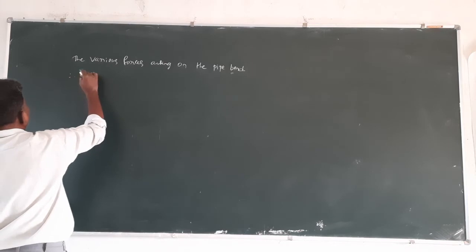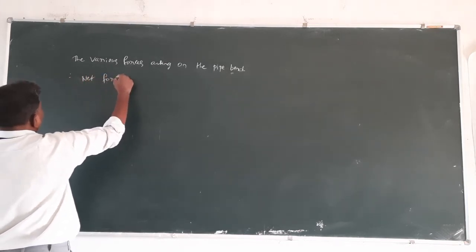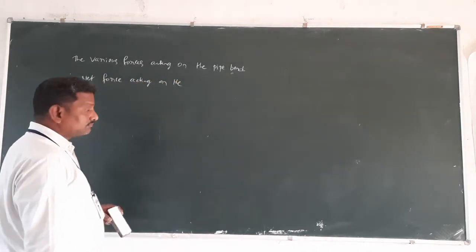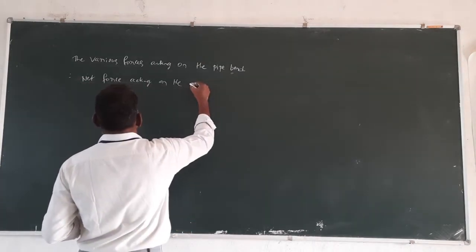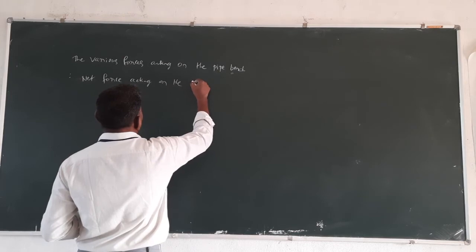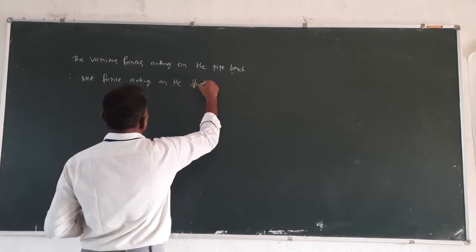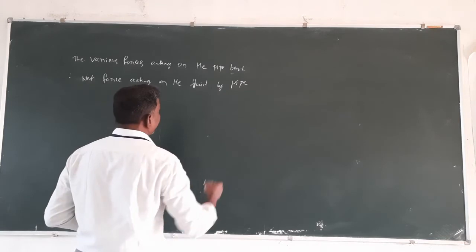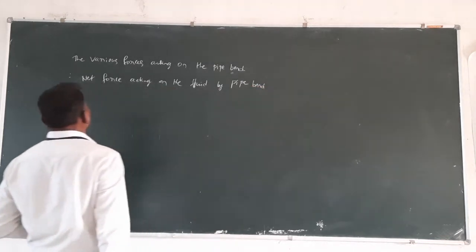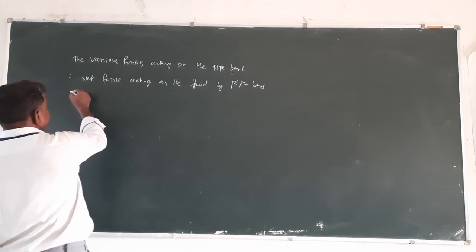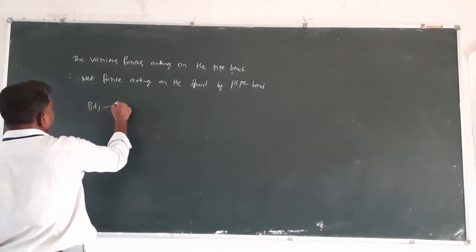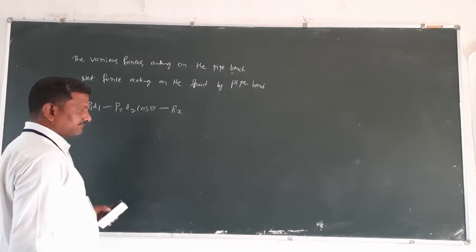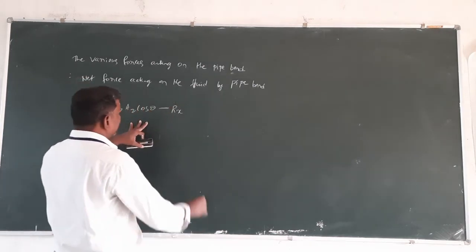So consider the net force acting on the fluid by the pipe bend is P1 A1 minus P2 A2 cos theta minus Rx. This is the force. Okay.